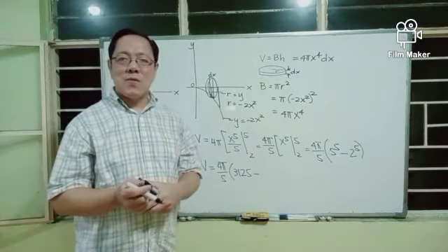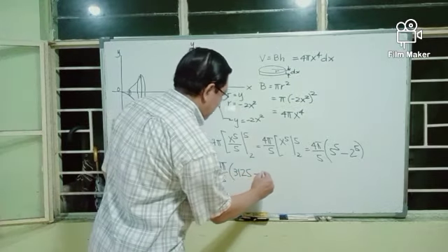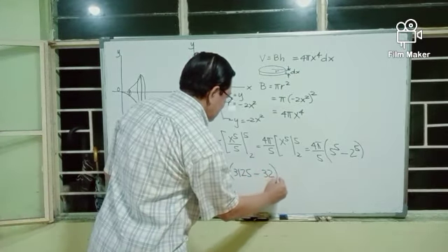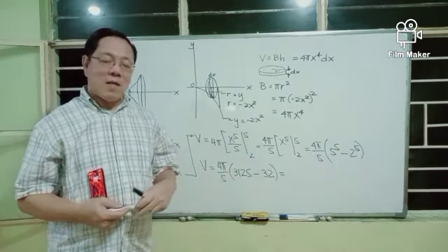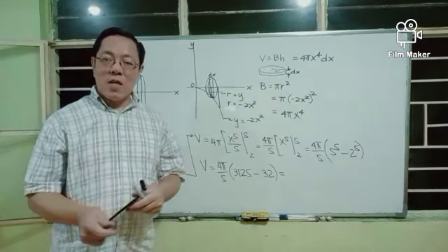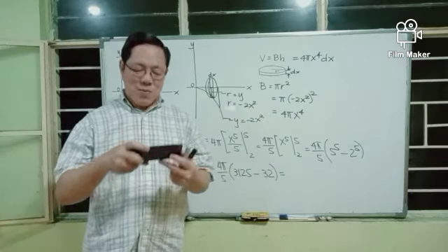Minus 2 raised to 5, that is 32. And we get the difference of 3,125 and 32.